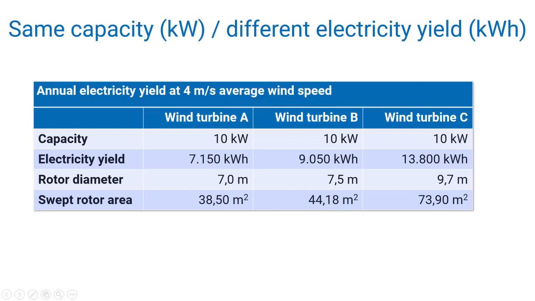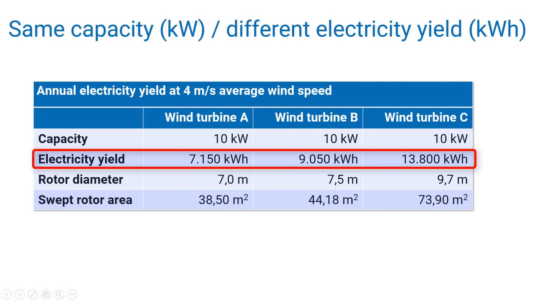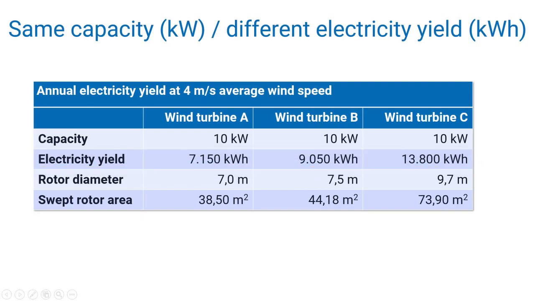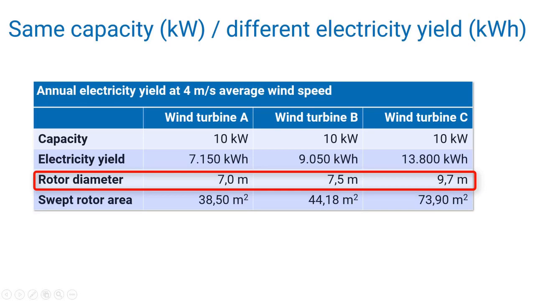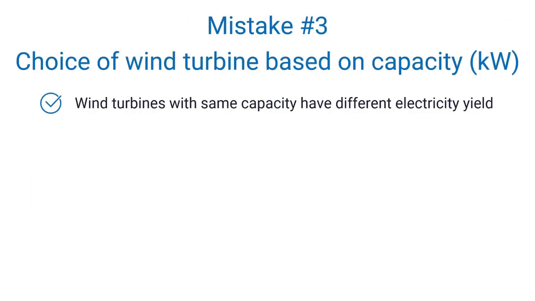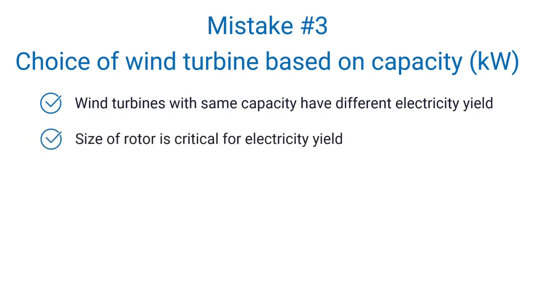Wind turbine A has 7,150 kilowatt hours electricity yield, wind turbine B about 9,000 kilowatt hours, and wind turbine C has about 14,000 kilowatt hours. This is nearly twice as much as wind turbine A, and again they all have the same capacity. So what's the reason? As you can read here, this is because of the size of the rotor. So it's not the capacity, it's the size of the rotor which is critical for the electricity production of a wind turbine.